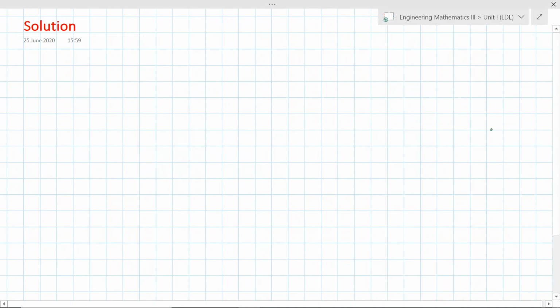What is the solution of this nth order linear differential equation? First of all, consider the nth order linear differential equation phi of D into y equal to f(x). Call it equation number 1.